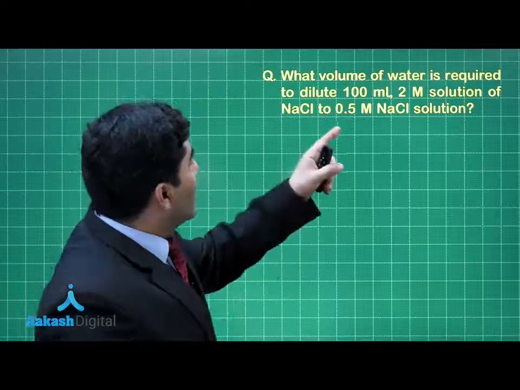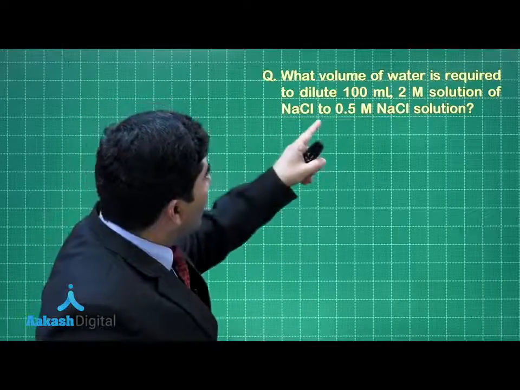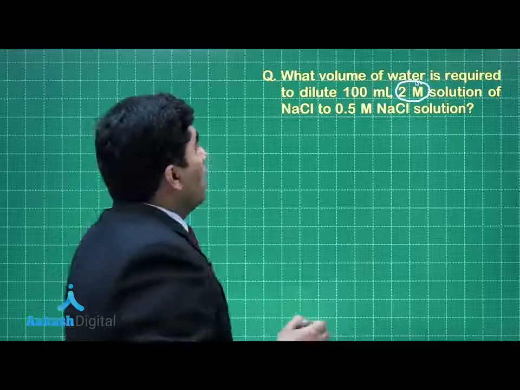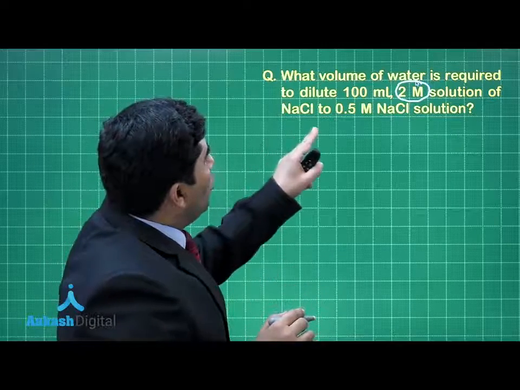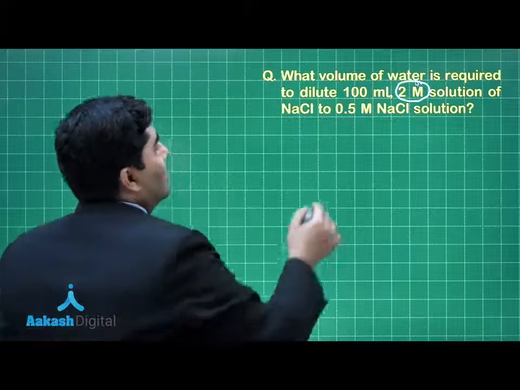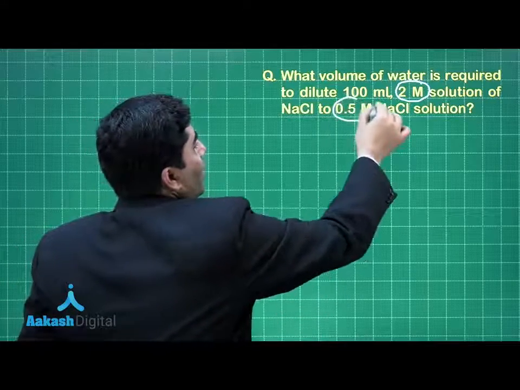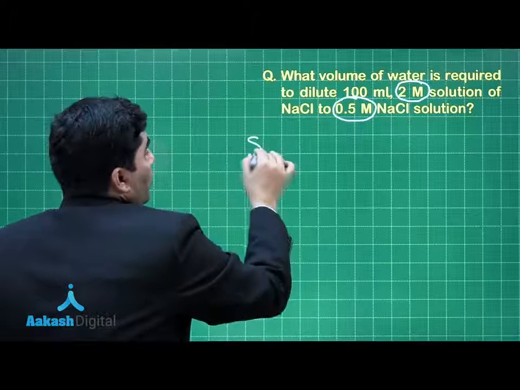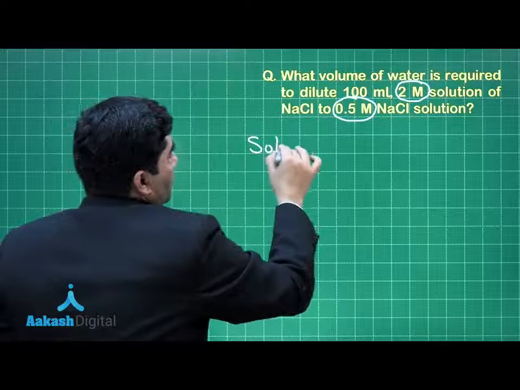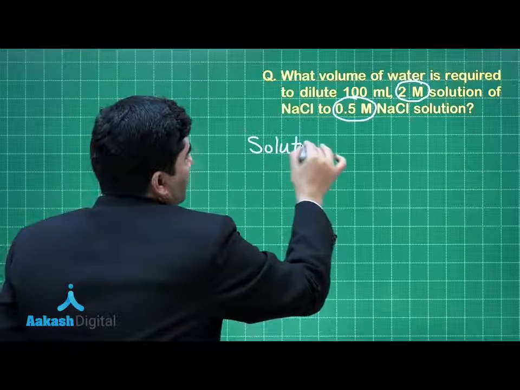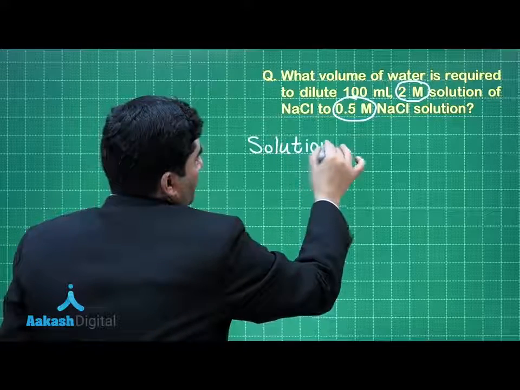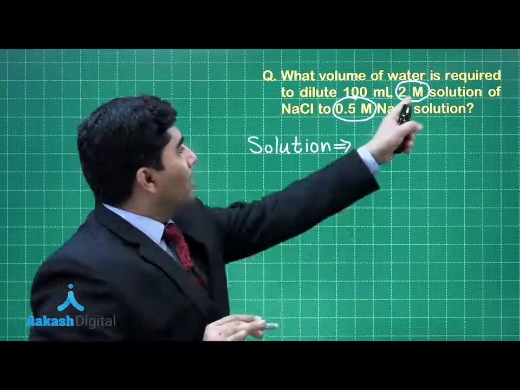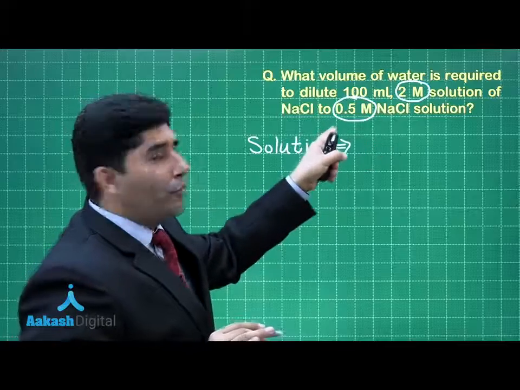In this question he is asking what volume of water is required to dilute 100 ml of 2 molar NaCl solution, which is the initial concentration, to 0.5 molar NaCl solution, which is the final concentration. Now you can clearly see that the concentration is decreasing from 2 molar to 0.5 molar.